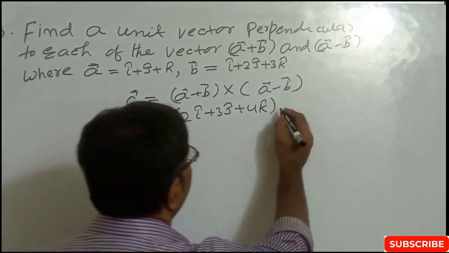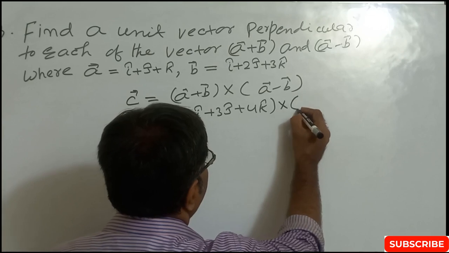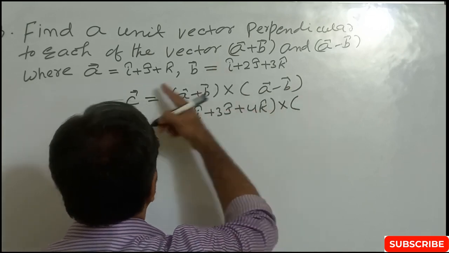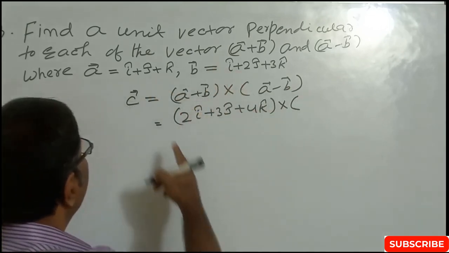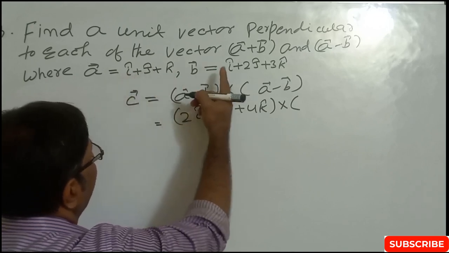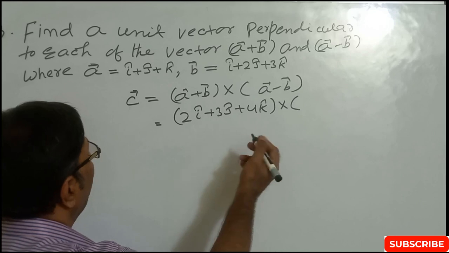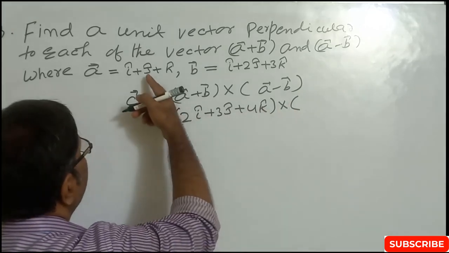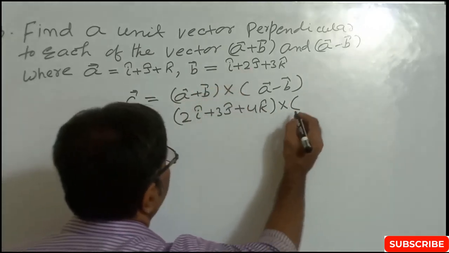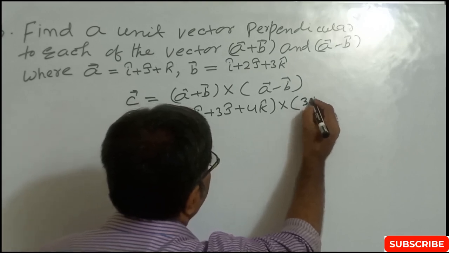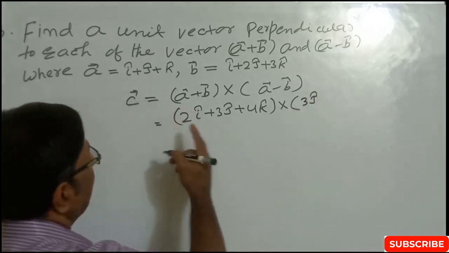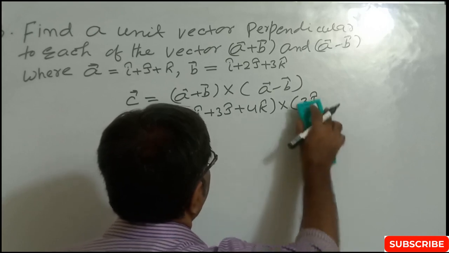In the same way, we will find a vector minus b vector. So this is a vector minus b vector. So this is unit vector i minus unit vector i is 0. So 0 i unit vector, so no need to write this. So j unit vector and 2j unit vector, that is what? 3j unit vector. Again this we have to minus.